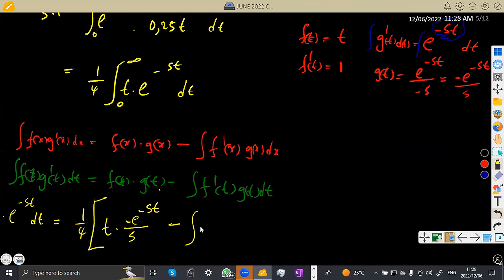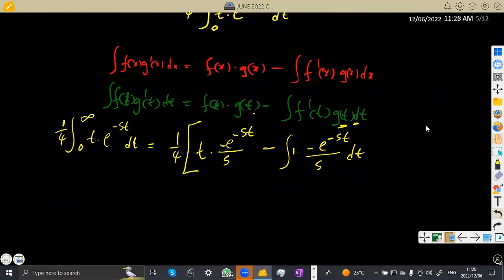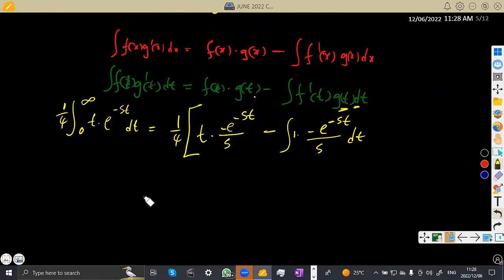So this is just 1, so it's not going to affect anything, by gt dt. So our gt here is negative e to the exponent of minus st over s with respect to t. All right, so we have taken that part into consideration. That means we can proceed from this case. All right, not forgetting our limits from 0 to infinity.